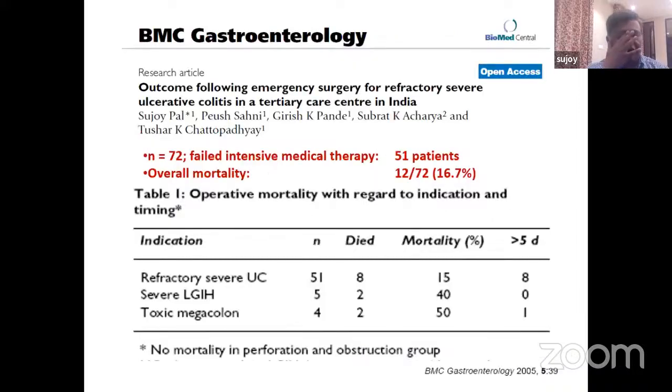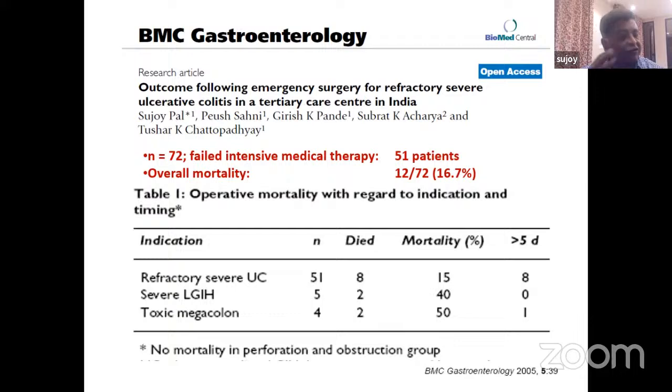So in our own experience, we had an initial study published from our department, where we looked at 72 patients who had acute severe ulcerative colitis, and we had a mortality of 16.7%. When we looked at all the patients who died, we found that most of them were those in whom steroid therapy was prolonged for more than 5 days.